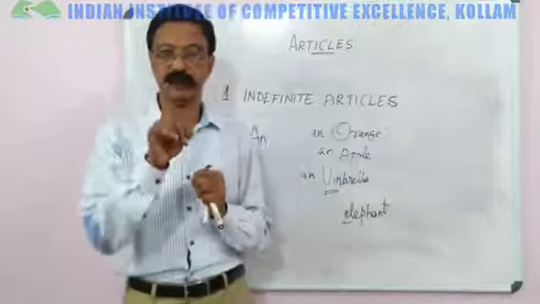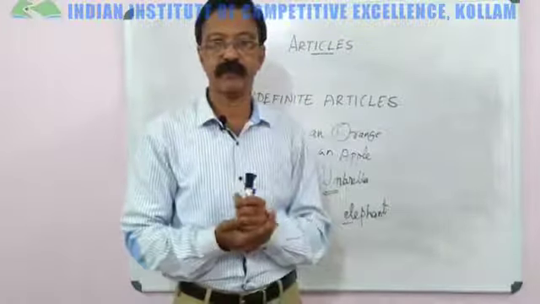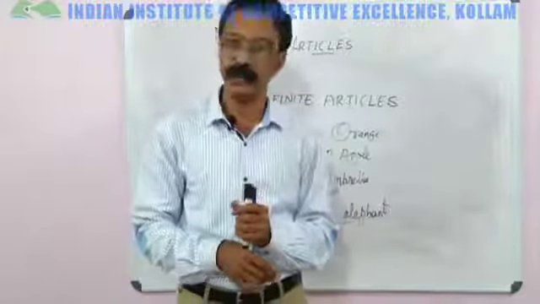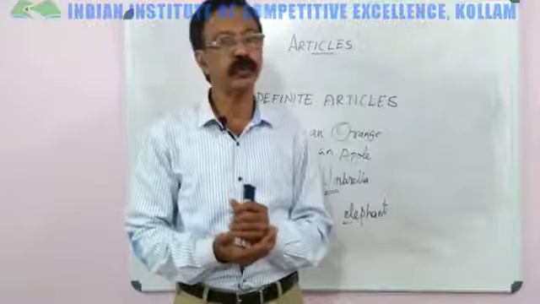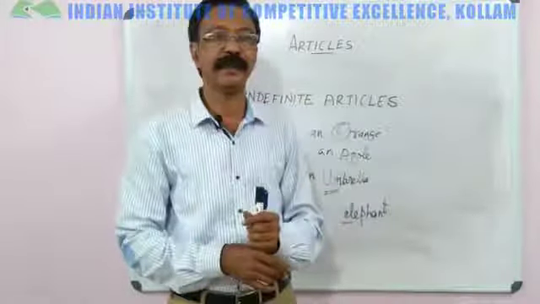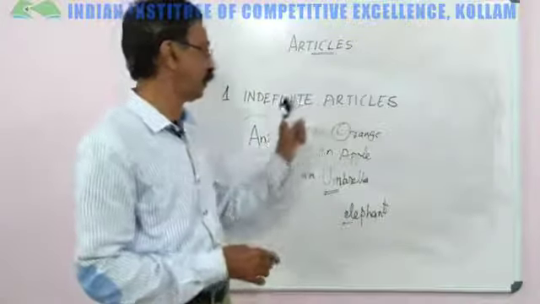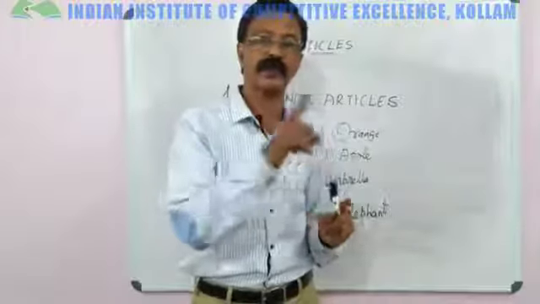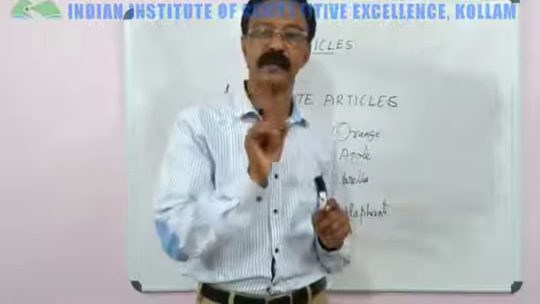So, exception. I said when you use a, though university, uniform, utensils are nouns starting with U, a is used, the indefinite article. A is used because such words start with the consonant sound.